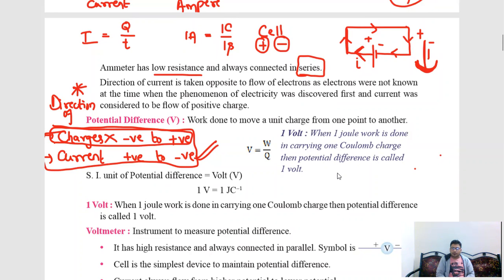Guys, in the class 9 motion chapter, you have learned that if you take a ball, a body at rest, and you want to move that ball, you have to apply some force. If you apply force, the body which is at rest will be in motion.